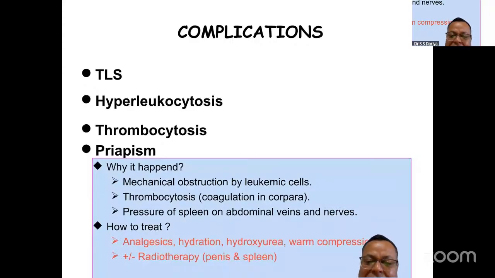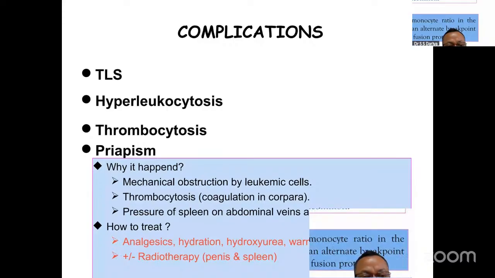Because there is a mechanical obstruction of the blood vessels by the leukemic cells and coagulation in the corpora cavernosa, thrombocytosis, and sometimes pressure effects on abdominal veins and nerves because of a large spleen. So again, warm compresses, hydroxyurea, hydration, and analgesics will treat this complication.